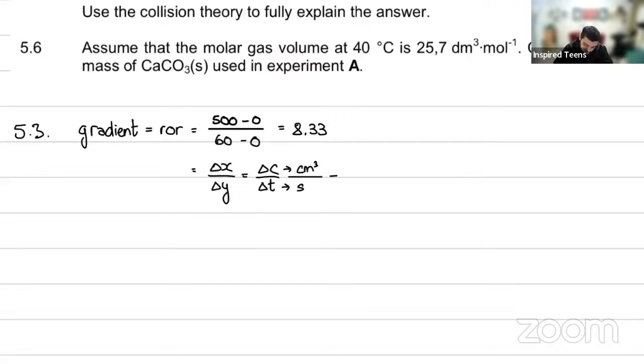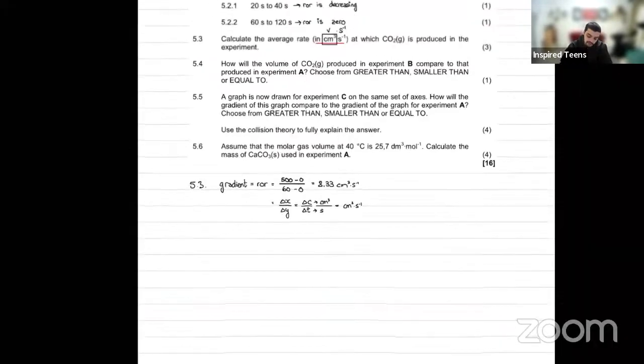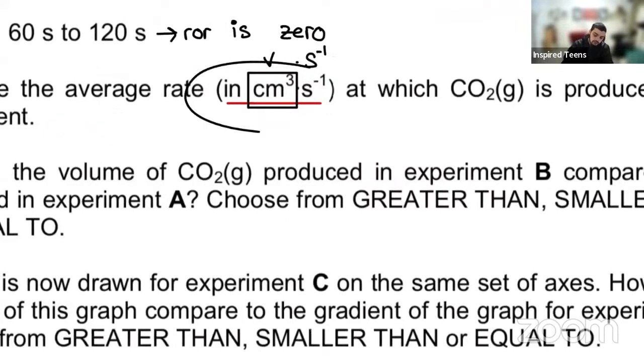If we take seconds to the top, it becomes centimeters cubed times seconds to the minus 1. Either way, that's centimeters cubed per second, cm³ s⁻¹. And if we verify it with the one they gave us, we can see it's centimeters cubed per second to the negative 1. So that's how we give units in this section.